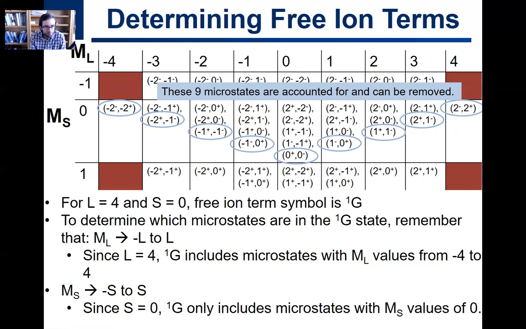We're going from negative 4 to 4 and from 0 to 0 across M sub S. And, you know, you can think about, all right, which ones am I actually removing? It turns out it doesn't matter. As long as you remove the correct number, this is just a bookkeeping analysis at this point. And so 9 of these belong to this state, and we can think about what those are, but it doesn't really matter because at this point we're just bookkeeping, okay?